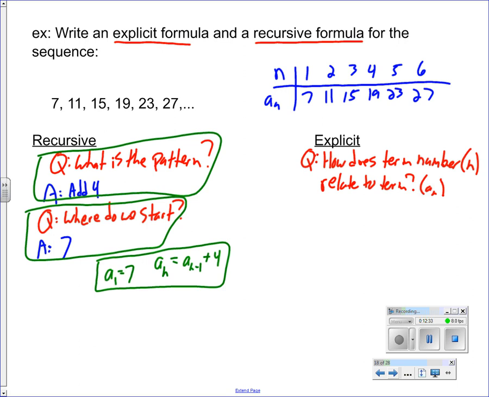So one thing we notice between our terms is that we do have a constant change. It's changing by 4 each time. Right? It's going up by 4. So we have a constant rate of change. We know from all the functions we've looked at in this course that that is a linear function.